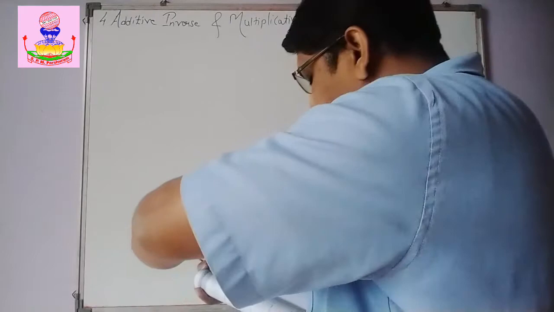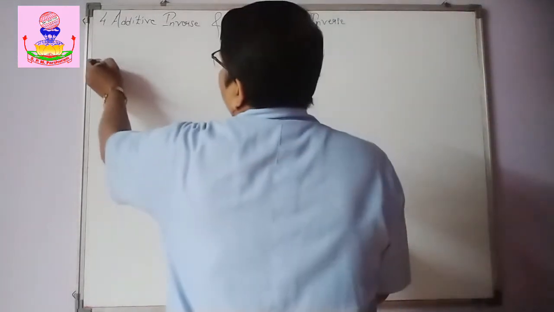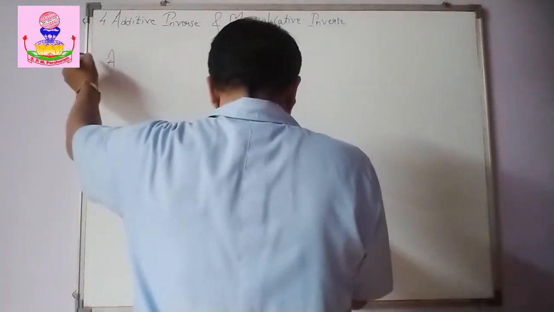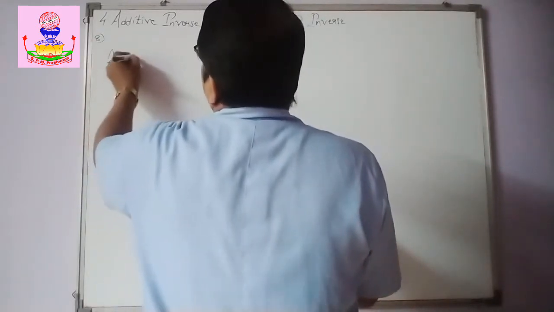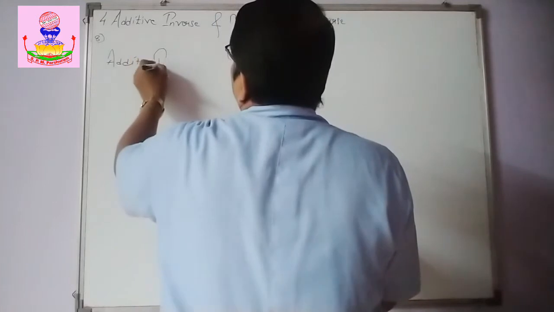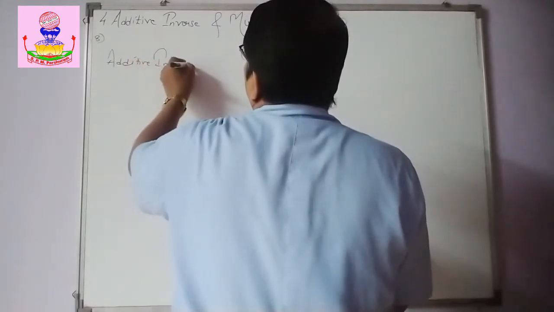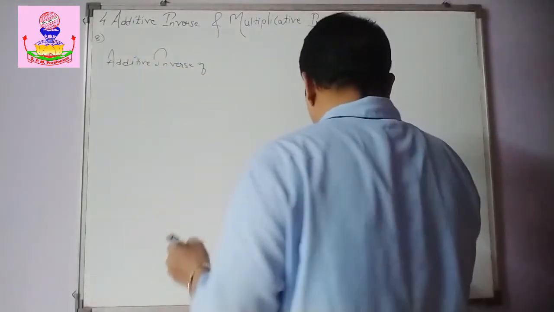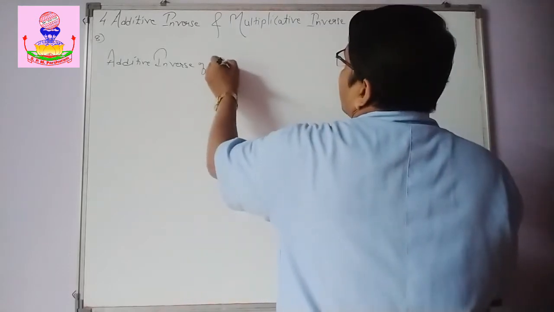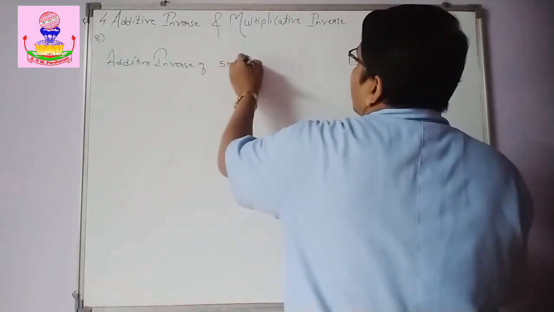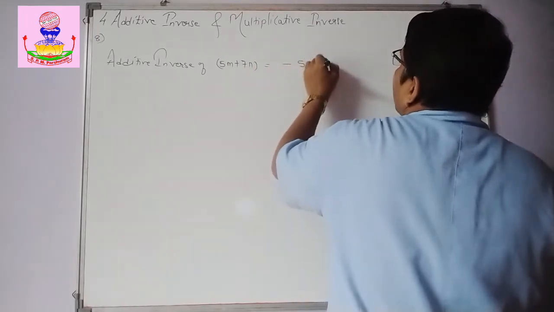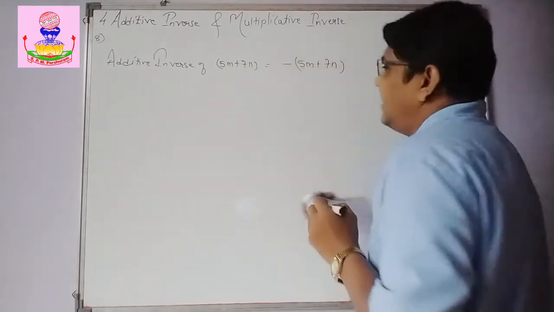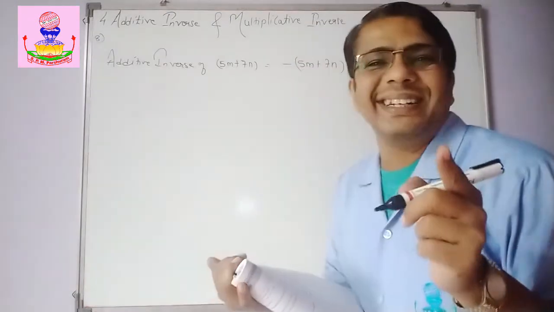So first we will find additive inverse of 5m plus 7n. What is that? Yes, minus (5m plus 7n). Right? In bracket. That is most important.